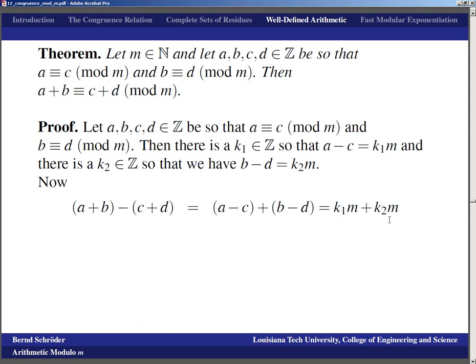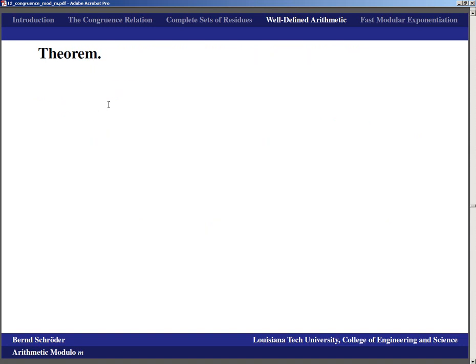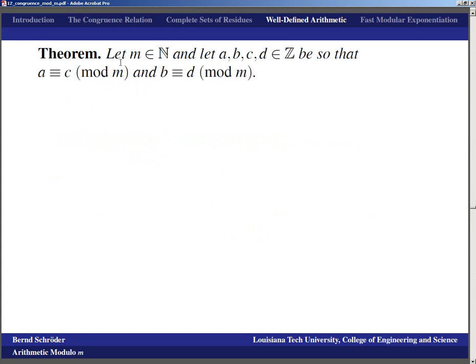And that's, of course, k1 m plus k2 m, because we have this equation here and this equation here. And that means this is k1 plus k2 times m, and that's already it, because this means that m divides the difference between a plus b and c plus d, and that means a plus b is equivalent to c plus d modulo m.